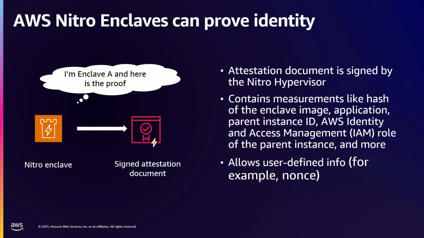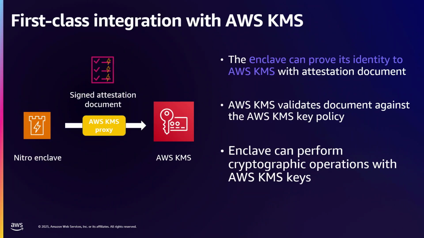OK, so enough about attestation. Just one last add-on to this. This is very specific to Nitro Enclaves. AWS Nitro Enclaves has out-of-the-box integration with AWS KMS. What I mean by that is AWS KMS knows how to verify, parse, and consume an attestation document presented by a Nitro Enclave. Right? The reason we did that is to make it easy to consume attestation.